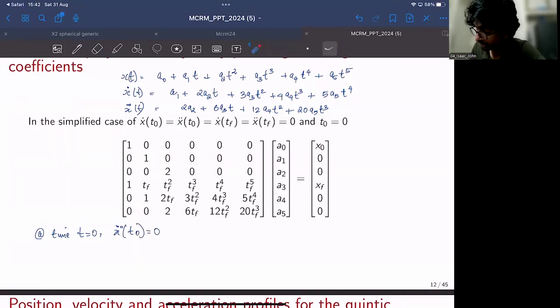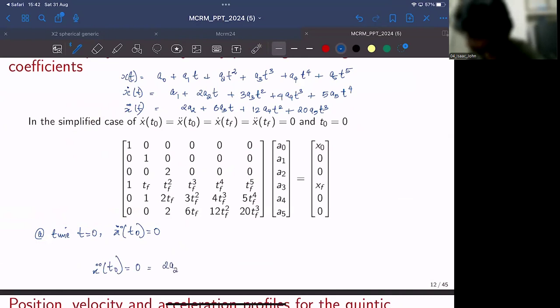If you substitute this condition, t as 0, onto this equation, what will you get? x double dot of 0 equal to 0 would be 2a2 plus all the other terms, which have t, so all these other terms will be 0. So 2a2 would be 0. This is what you will get for this acceleration.